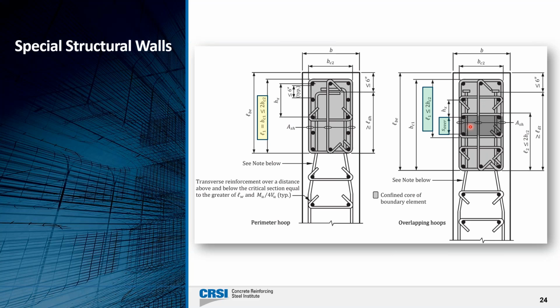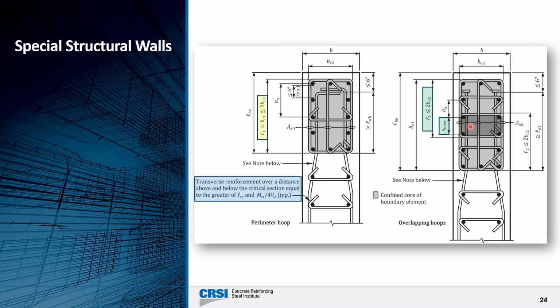So that's a detailing requirement you need to be aware of, as well as when you're in the region where flexural yielding is likely to occur, all of the longitudinal bars in the web of the wall have to have transverse reinforcement around them, and they have to have 135-degree hooks at both ends.